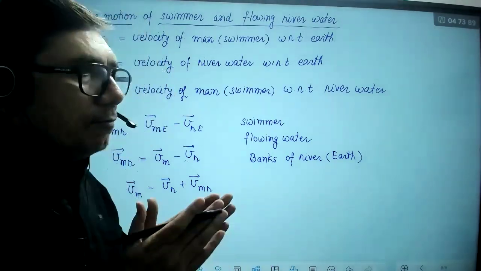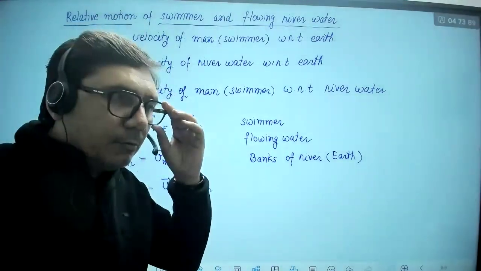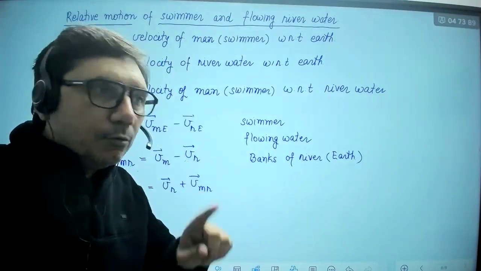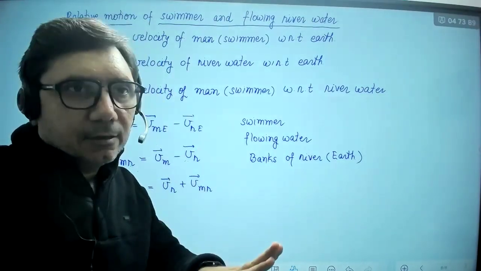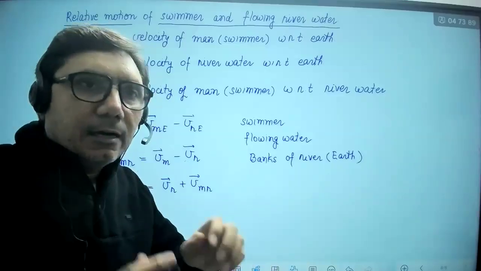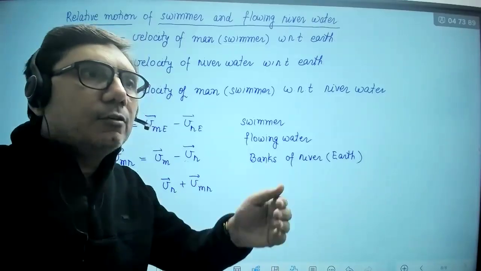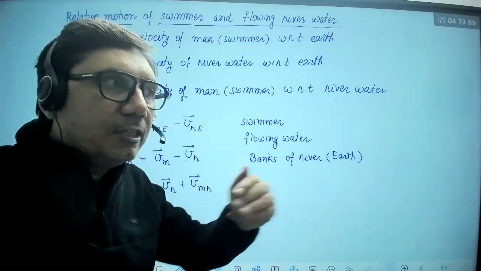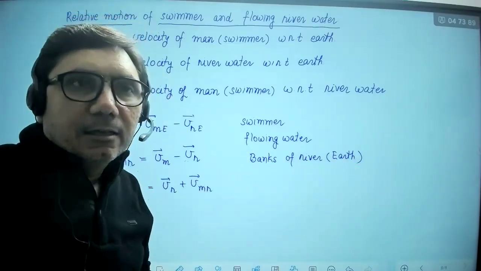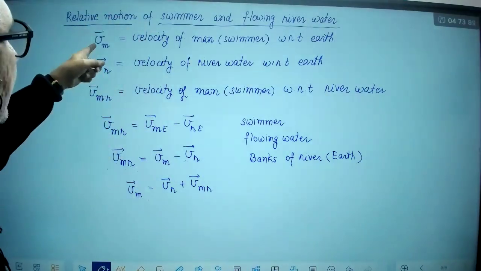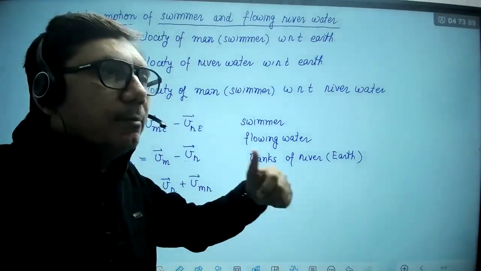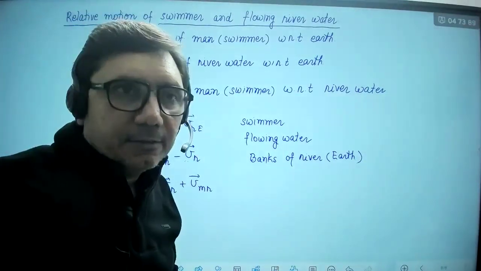So this is the velocity of the man with respect to earth. Actually, velocity of the man with respect to earth will be observed by a person who is standing on the banks. On the stationary banks, an observer is there and he is going to observe in which direction this man is moving. The swimmer is swimming in which direction. So VM, direction of VM, you can observe from the earth, from the banks, which are stationary.